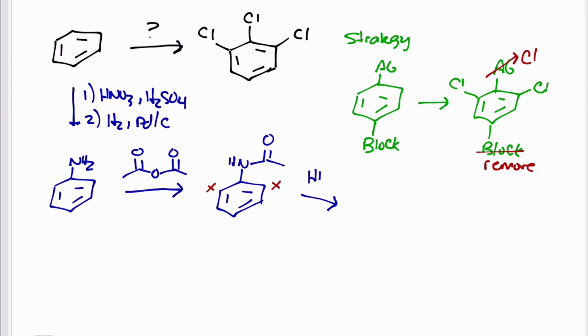So here's our nitration. Now, we can get rid of this bulky amide group by hydrolysis with acid and water.